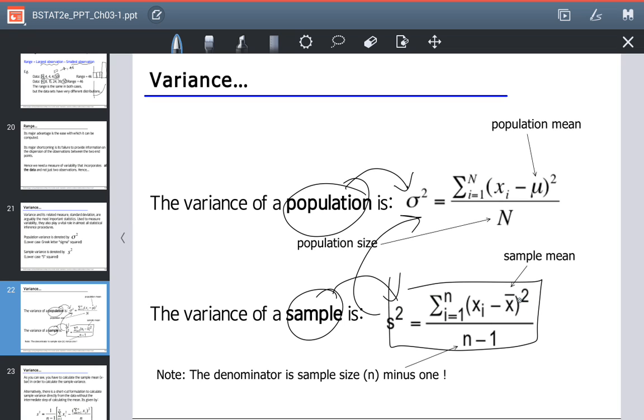Variance is nothing but finding each observation xi, finding its deviation from the mean x bar, then taking the square and then dividing that by n minus 1. Again, remember that this is n minus 1. So always use n minus 1 for the sample, where n is the number of observations.